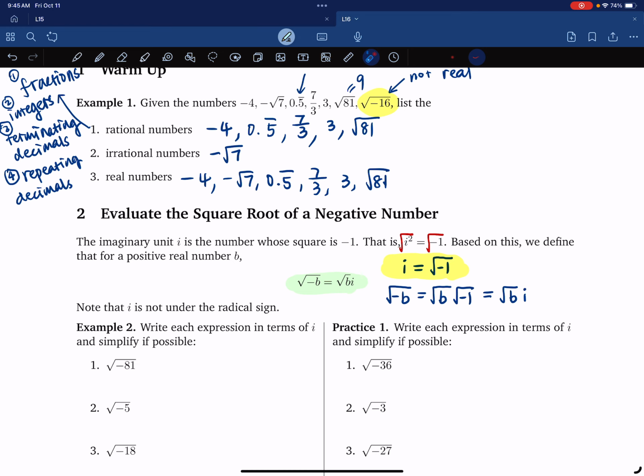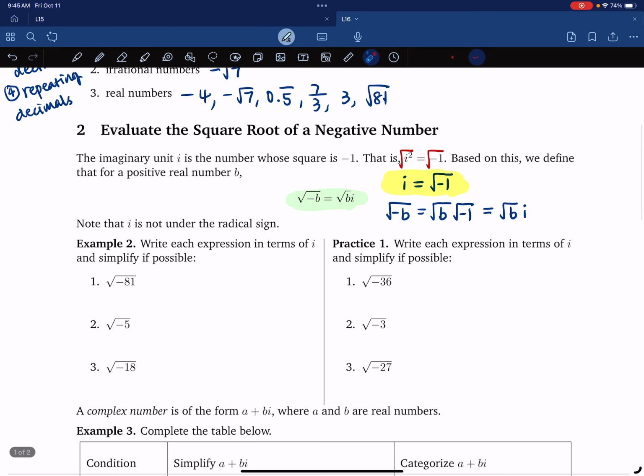Let's do some practice, because I know that if it's your first time seeing this, you might be confused. Example 2: write each expression in terms of i and simplify if possible. I highly recommend the way you do it is you split the radical expression like I do, and then you do a substitution of i, okay? For example, square root of negative 81, first split, right?